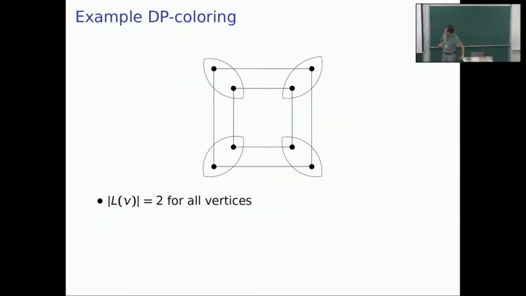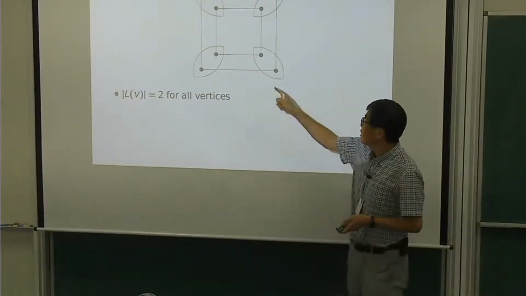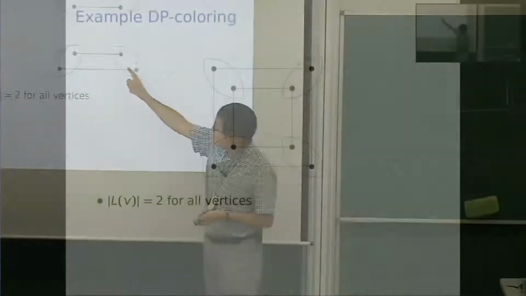Okay, now let me give you a small example. We have a C4. Then we just assume the list size is 2. We can think of this as one kind of matching.